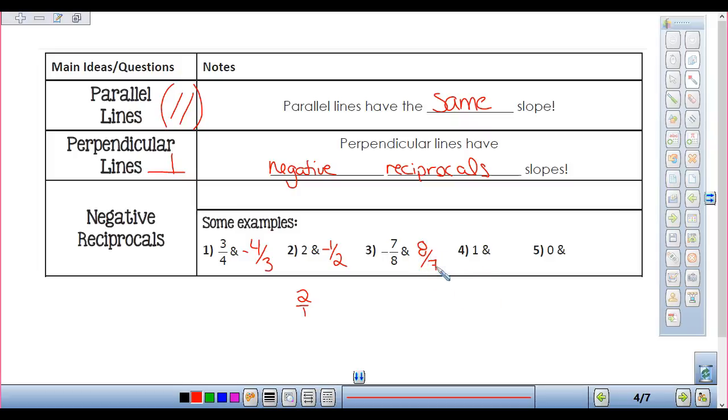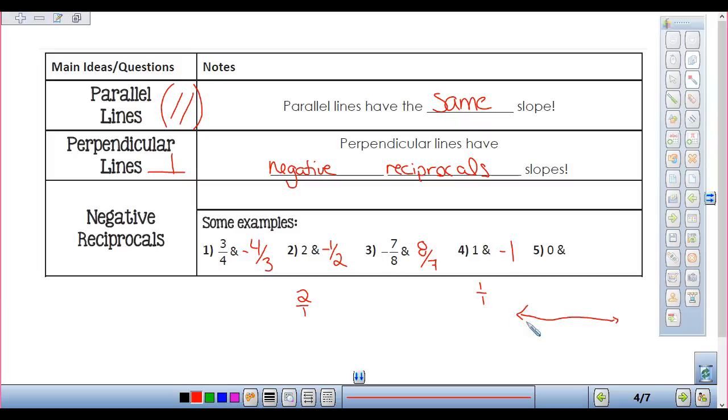Okay, 1 would be the same as 1 over 1. So if I flip that, I still have 1 over 1, and then it's just a negative 1. So 1 kind of works out kind of funky. How about what's the opposite of 0? 0. Careful. Okay, so my slope of a line, a 0 slope, is this line, right?